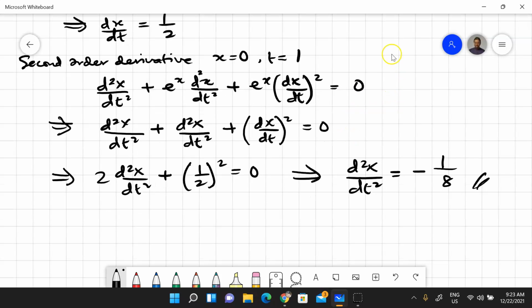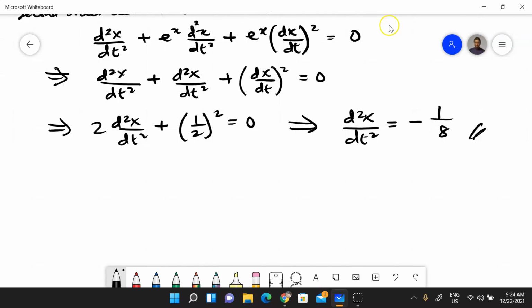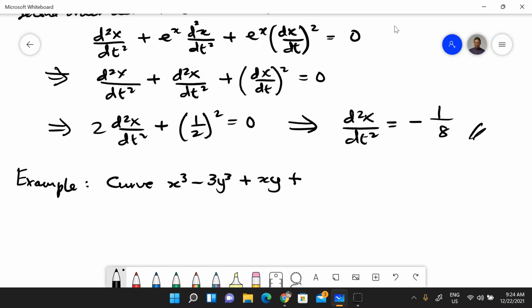As I mentioned earlier, sometimes you don't have the expression that you need, then you try to differentiate the whole equation altogether. Okay, so let's look at another example which is a bit more physical in this case. You are given this curve x cubed minus 3y cubed plus xy plus 21.